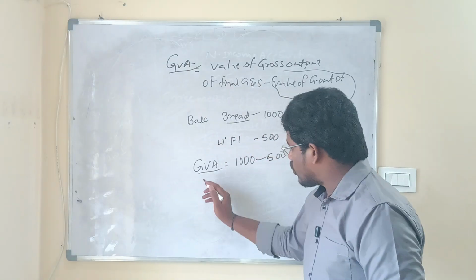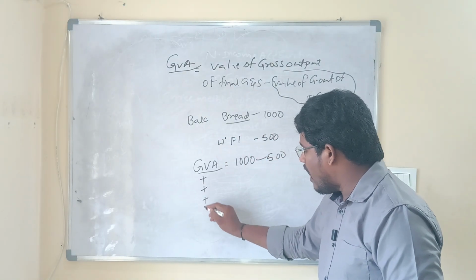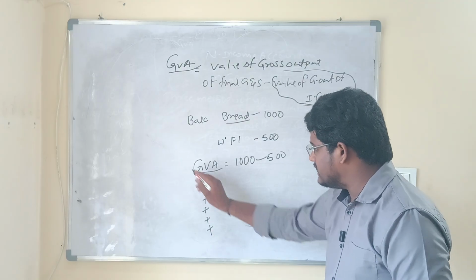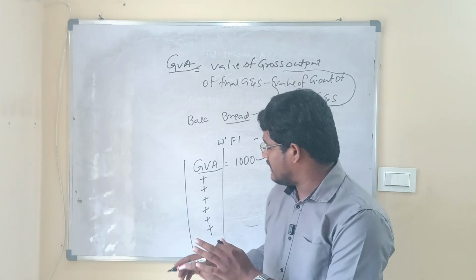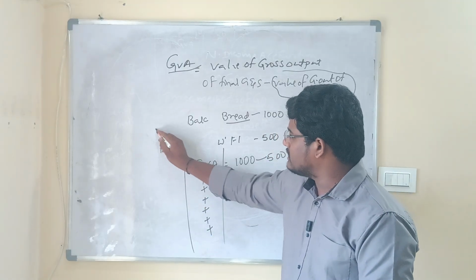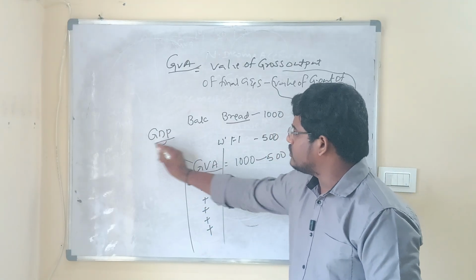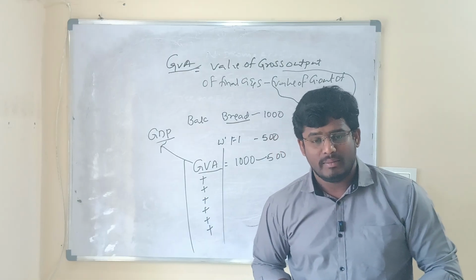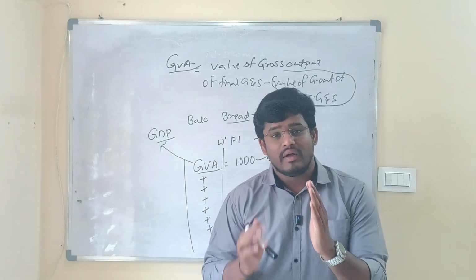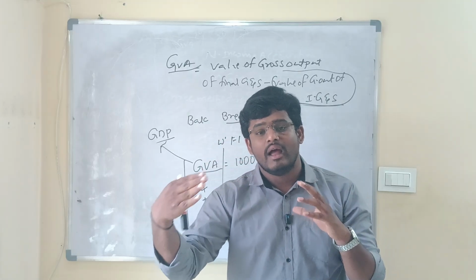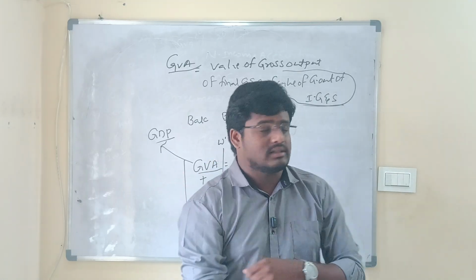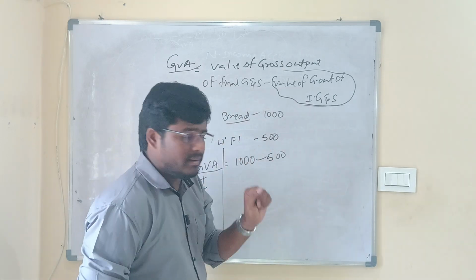So the gross value added of all such producing entities from the different sectors like primary, secondary, tertiary gives us the GDP. This is the point we have to keep in mind. So the sum or addition of GVA, the gross value added of all producing sectors, gives us the GDP.